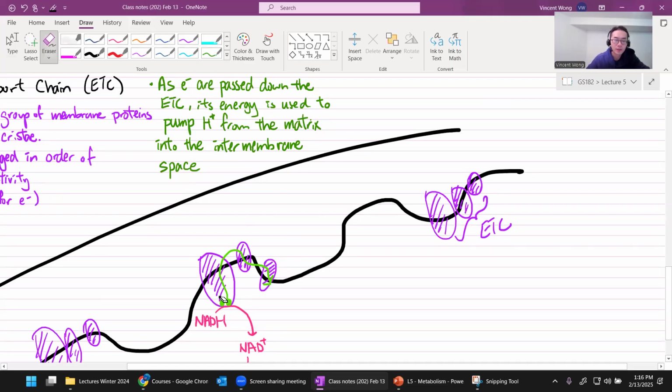Right? So we are harnessing the energy from those electrons, and at the same time, we are pumping H plus from the matrix into the intermembrane space.